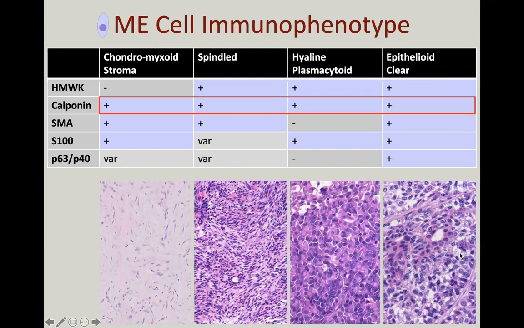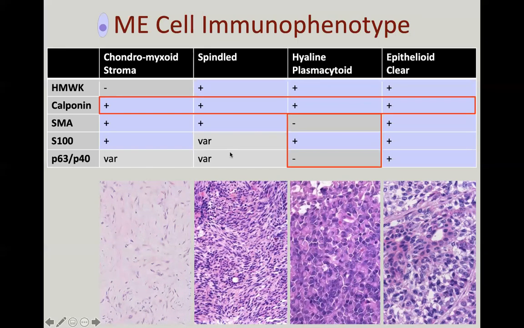What's common amongst all of them, interestingly, is the most strong marker, I think, is in fact calponin. And so when we think about myoepithelial tumors, whether they be in salivary gland or soft tissue, I'll often ask you guys to order a calponin because this is positive regardless of the morphology in most cases. You can see the SMA and the S100 and the high molecular weight and the P63 can be quite variable, but we can use all of these to aid in our diagnosis of a myoepithelial cell.